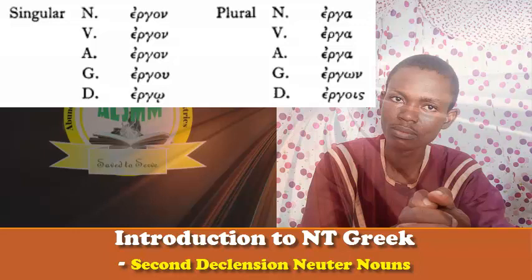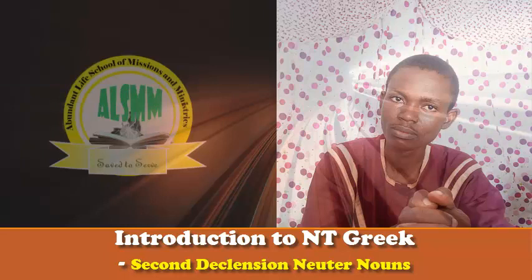Accusative, the word in the objective case, plural, will be erga, that is works in the objective form. The genitive, plural, that is ergon, of works. And the dative will be what? Ergois, to or for works.